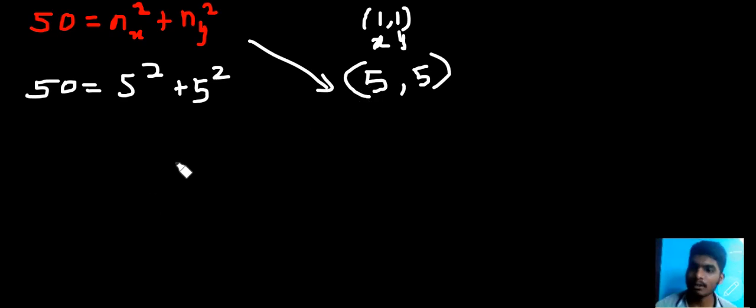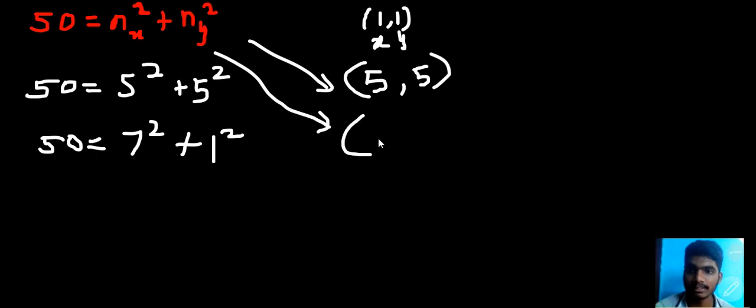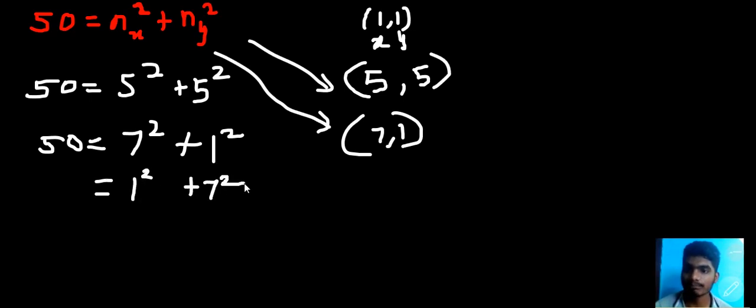The next possibility is 7 squared plus 1 squared. By substituting n_x is 7 and n_y is 1, we get 49 plus 1, which is 50. This is satisfied. So the next is 7 comma 1. The same thing can be opposite: 1 squared plus 7 squared, which is also 50, so this equation is satisfied.